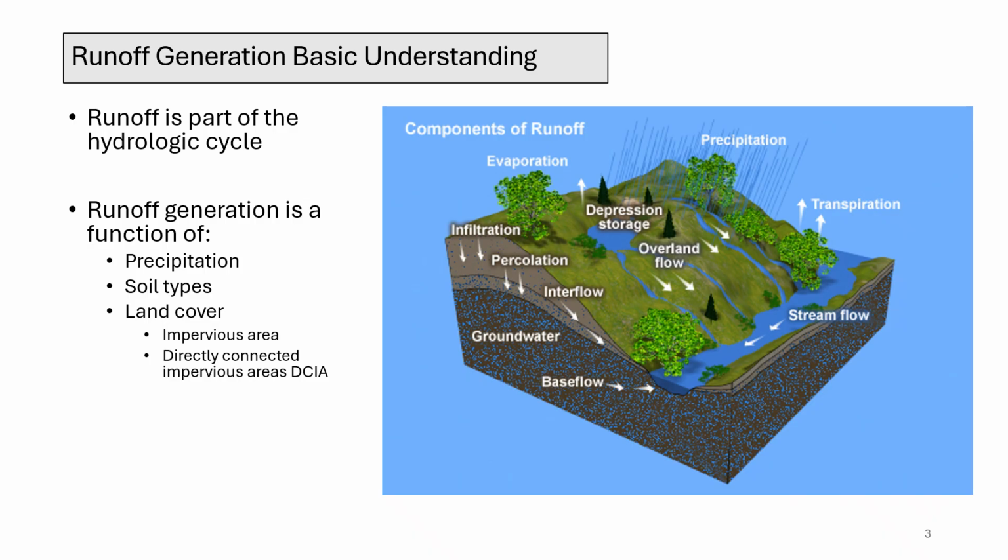Soil types, for instance, dramatically affect how much water infiltrates the ground versus how much flows over it. Different land covers, such as forests, agricultural fields, or urban areas, also lead to vastly different runoff volumes. Within this, impervious areas are particularly important. These are surfaces like roads, rooftops, and parking lots that prevent water from soaking into the ground.